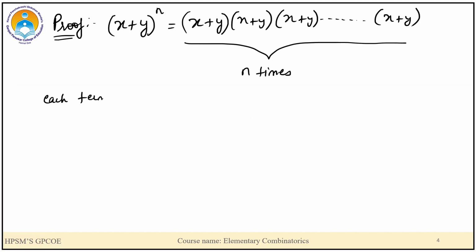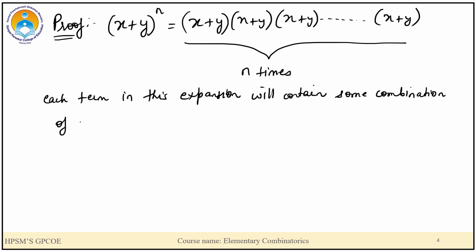As mentioned earlier, each term in this expansion will contain some combination of x's and y's.